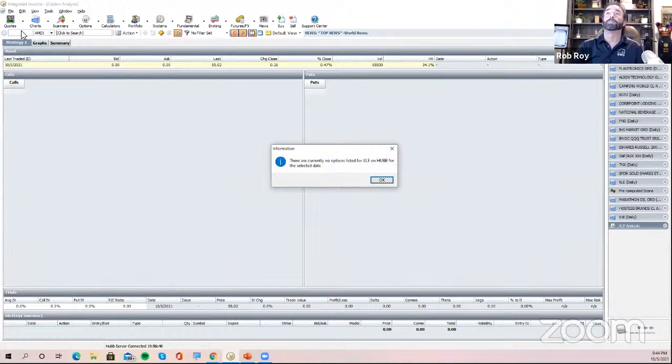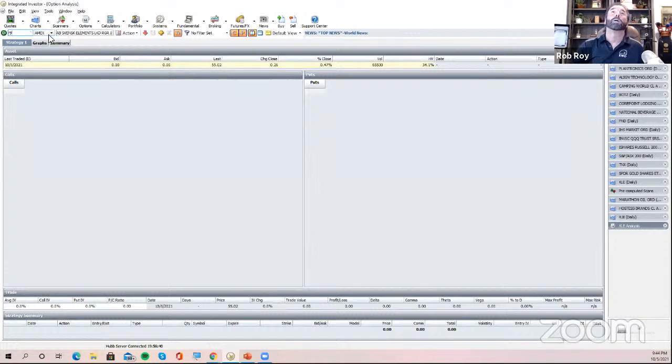So type in RJI. It says there's no options for it. So that's not going to work. It doesn't have options. That isn't going to help us.